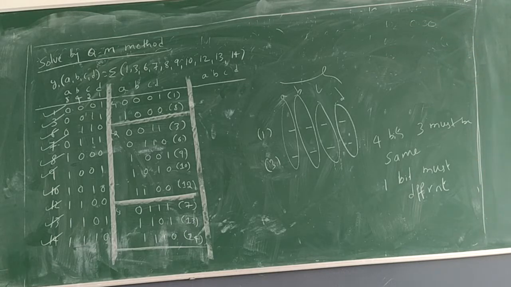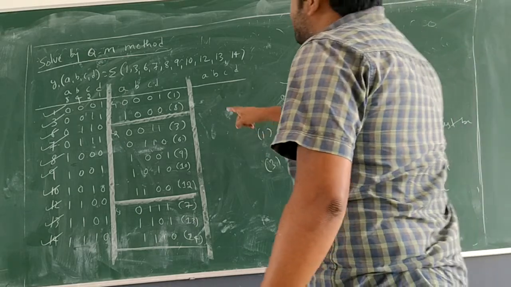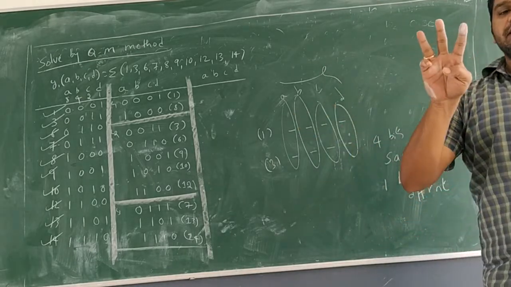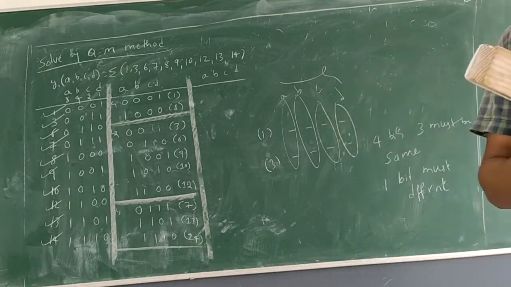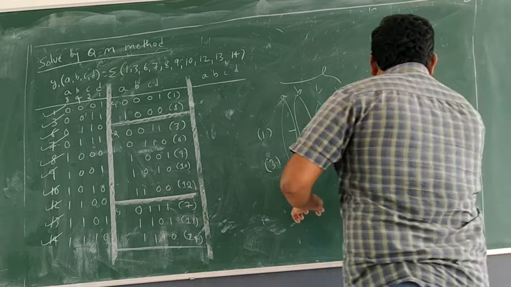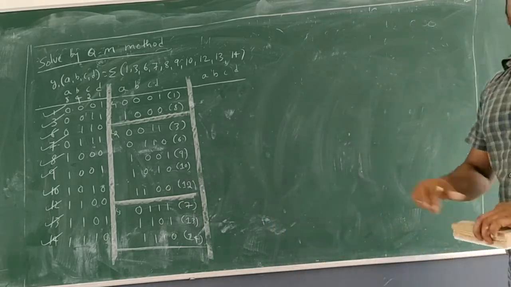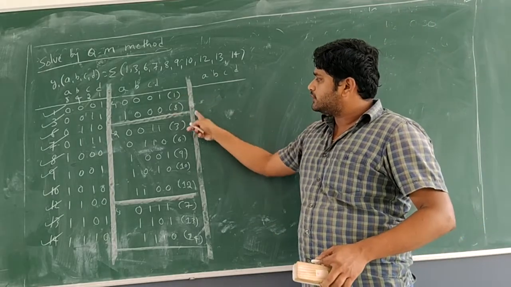If A, B and D are same, C should be different. If A, C, D are same, B should be different. If B, C, D are same, A should be different. 3 same, 1 different. That is the condition. Okay. Now, what are we doing now? Started comparison. What? 1, 3.